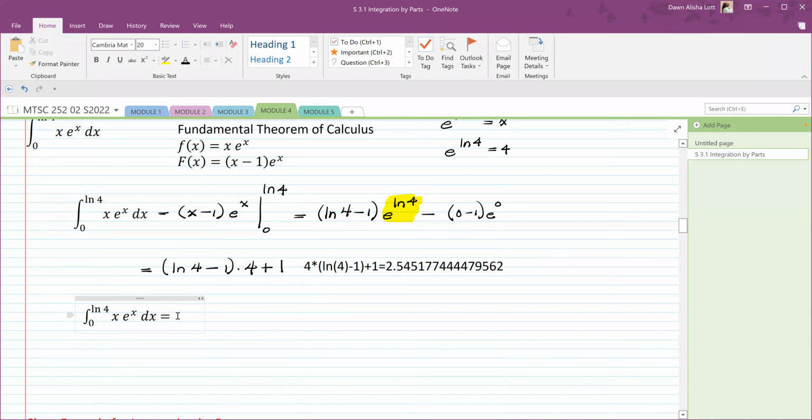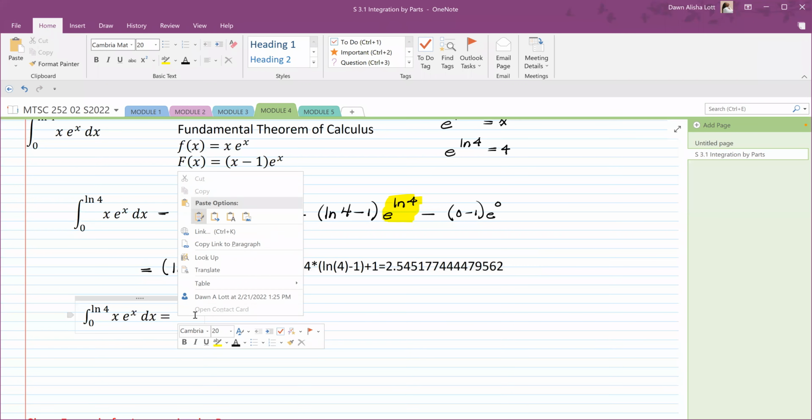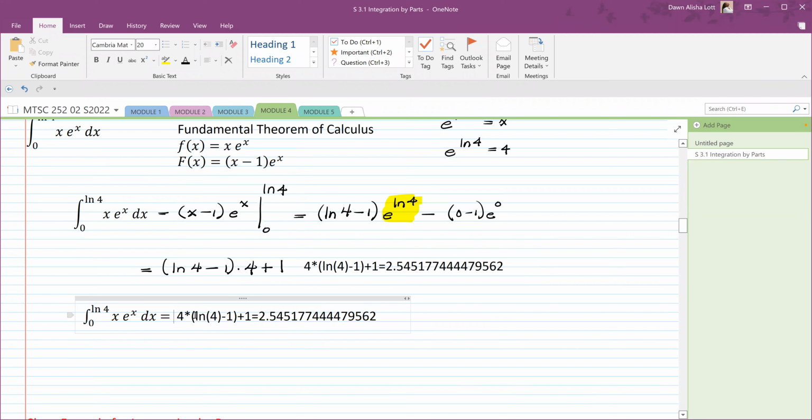So on the test, are we going to have to integrate that, or are we just going to put it in its simplest form? This would be your answer on the test.